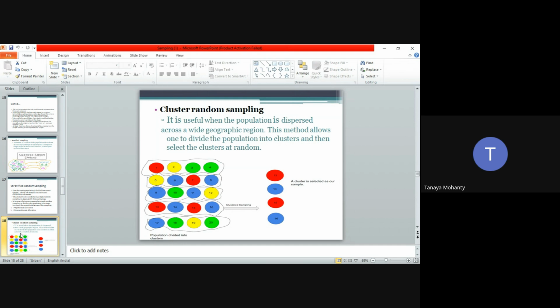So maybe one cluster from this village, one cluster from this block, or two or three clusters from a particular district. So I'm not individually picking up these units for my sample. I am picking up the entire cluster. And whenever we take up cluster sampling, normally it is followed by some other sampling process as well. We normally use multi-stage sampling whenever we talk about cluster sampling.